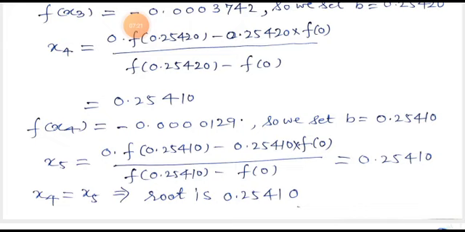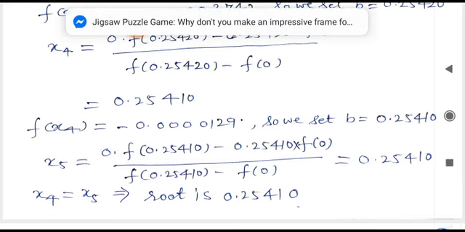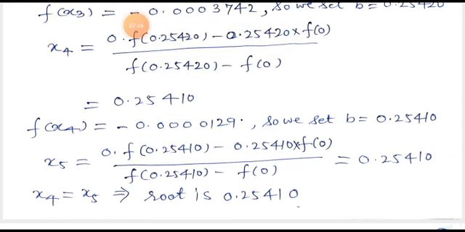So putting these values in the formula, that is x5, because it is the next iteration after x4, the value of x5 will be 0.25410 minus 0.25410 into f0 upon f0.25410 minus f0, which is equal to 0.25410.